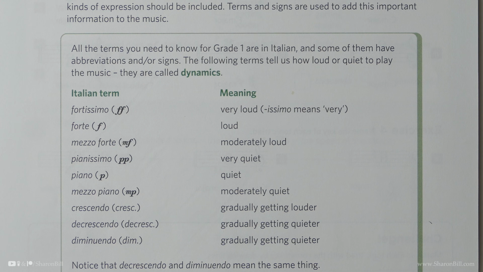All of our performance directions are given in Italian because Italy was the centre of learning and everything spun out from that, and opera was mostly in Italian for much of the time. And so we need to learn a little bit of Italian. However, it's not as difficult as it might at first seem.